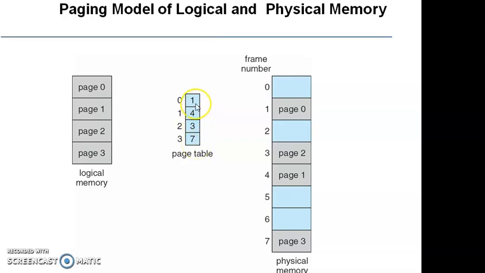Frame number 1 contains page number 0, frame number 4 contains page number 1, frame number 3 contains page number 2, and frame number 7 contains page number 3. And we have the corresponding information in the physical memory.